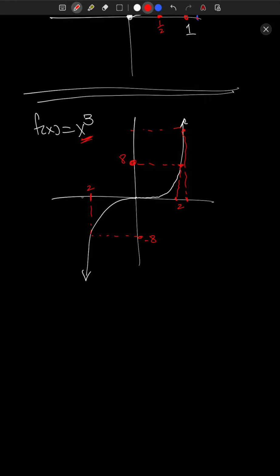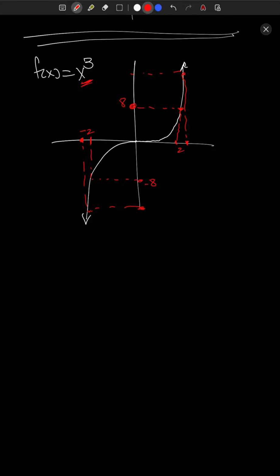But if I put the same number on the opposite side of the y-axis, so the negative version of this number, I'm going to get the same output but negative. So this function is what we're going to be calling an odd function. It has a symmetry, but not a direct mirror symmetry like f of x equals x squared.